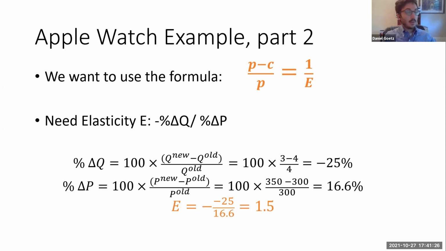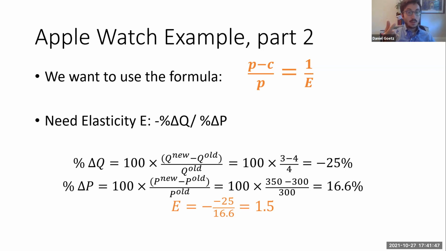When we look at how it lives in the formula, P minus C over P equals 1 over the elasticity, as the elasticity goes up and up, the gap P minus C is going to have to shrink. As E goes up, 1 over E goes down, a number that gets closer and closer to 0.